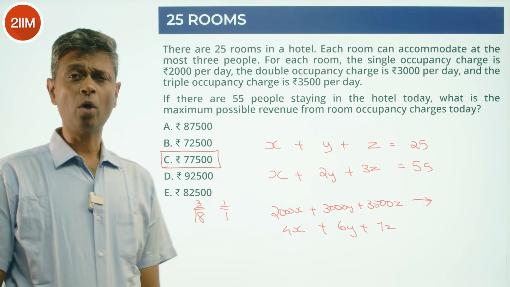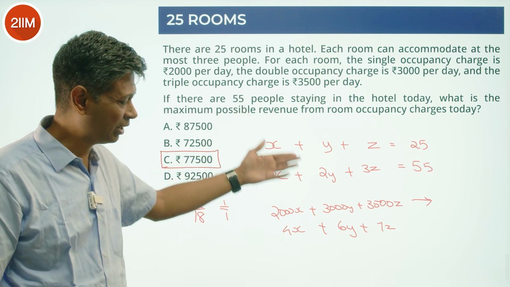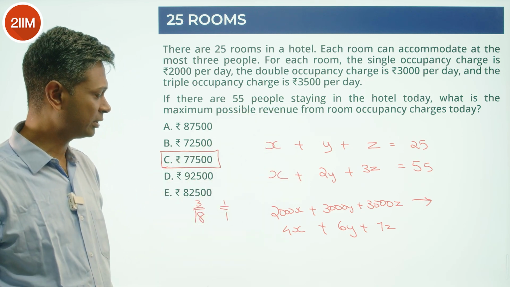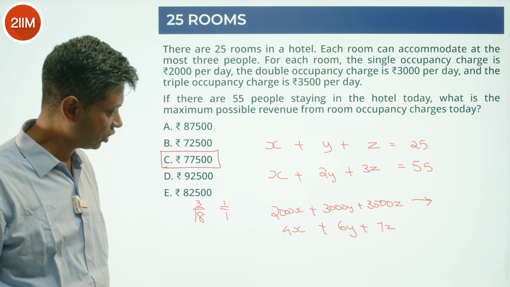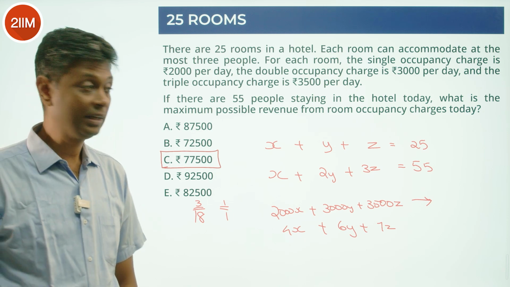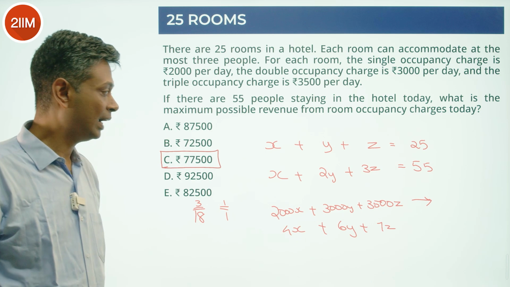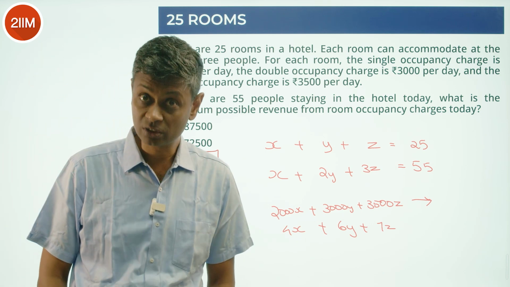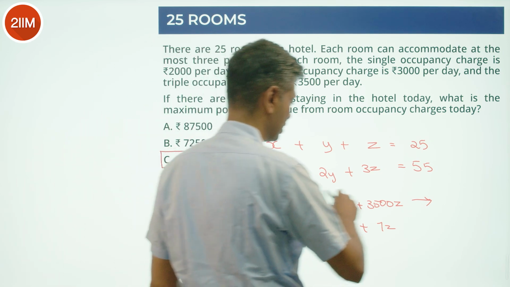If you're creating it like an operations research problem with equations and variables, this is how we would frame it. I have x plus y plus z is 25, x plus 2y plus 3z is 55. I'm optimizing for 4x plus 6y plus 7z being as high as possible. And then saying, hey, how can I figure out a way to maximize this under these conditions?